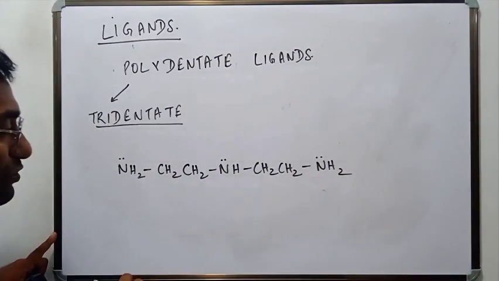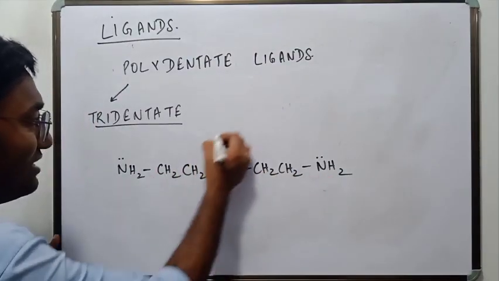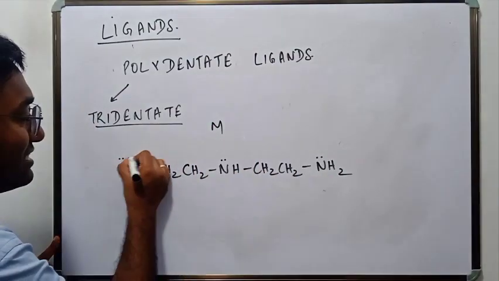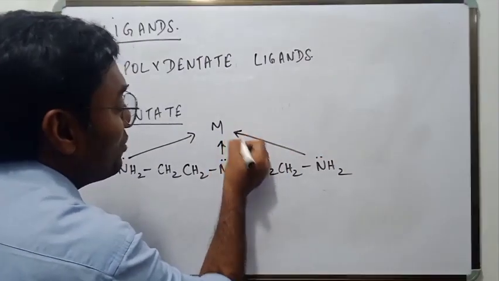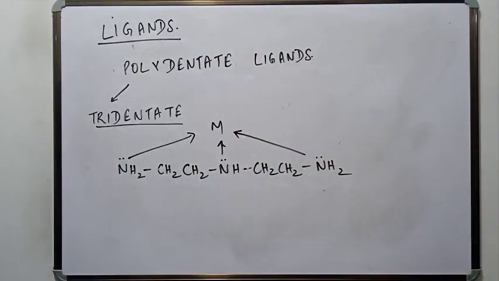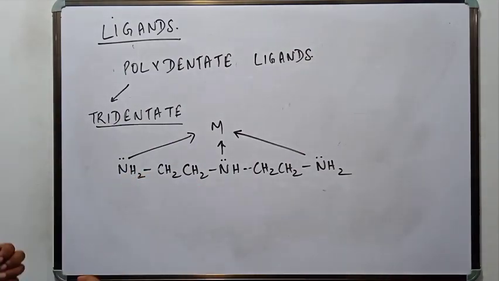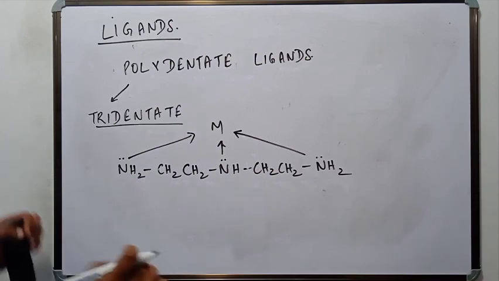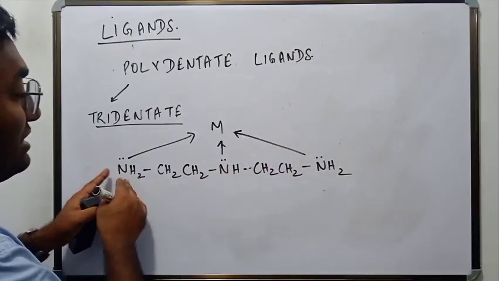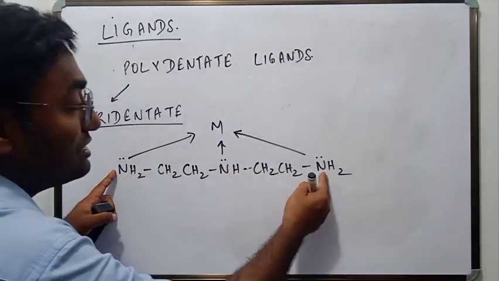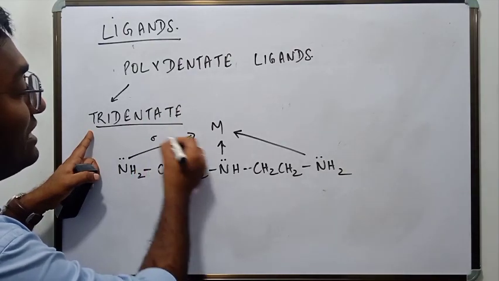If there is a metal ion here, yes, it can contribute from 3 spots or 3 coordination positions. The position from which the electron pair is being donated is called the coordination position. So it can donate electrons from 3 coordination positions. So it is a tridentate ligand. Therefore, it forms 3 sigma bonds.